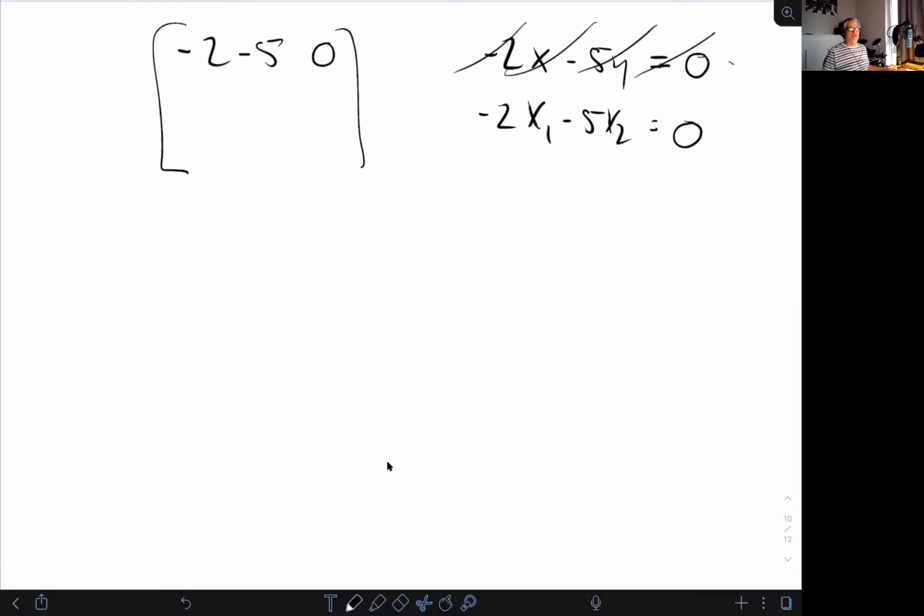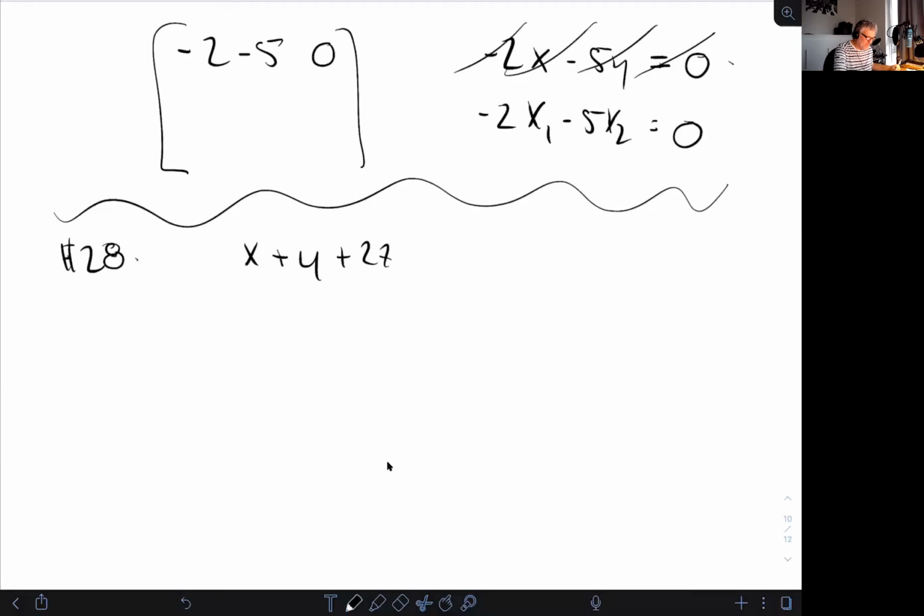Okay, let's do 28. Okay, x plus y plus 2z. That looks almost like the one I just did.